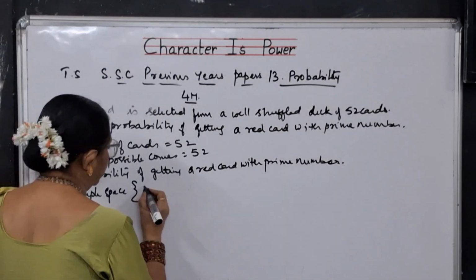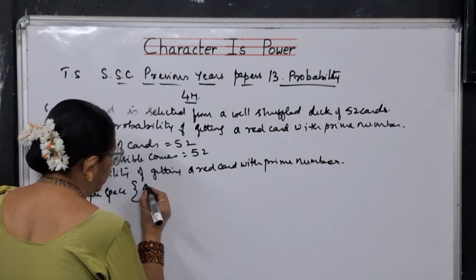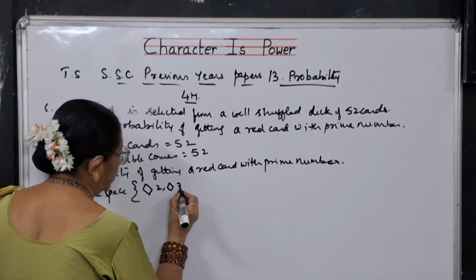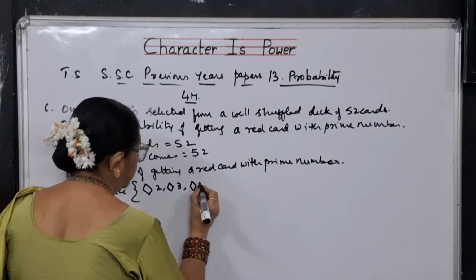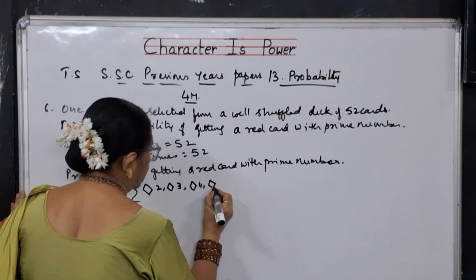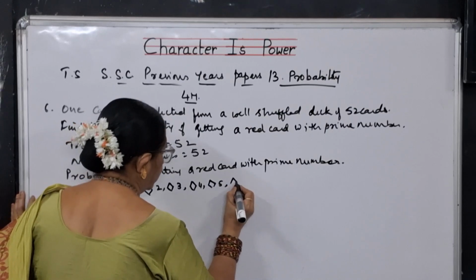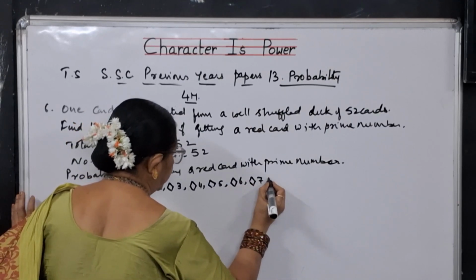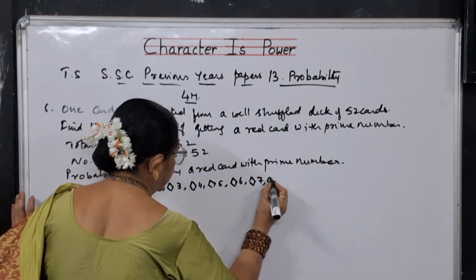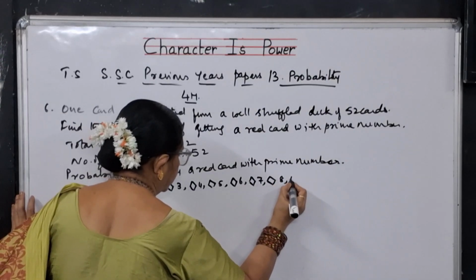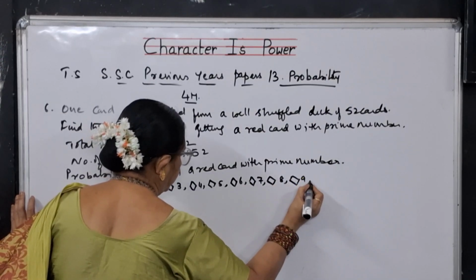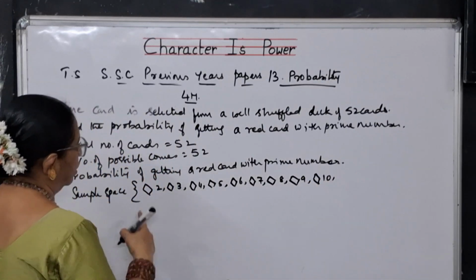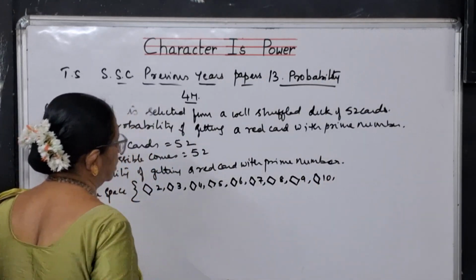So 2 to 10, what are the colors you have got? Diamond 2, diamond 3, diamond 4, diamond 5, diamond 6, diamond 7, diamond 8, diamond 9, and diamond 10. These are all red color diamond cards.